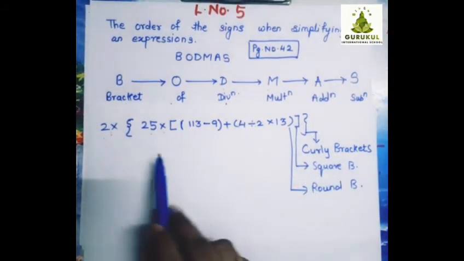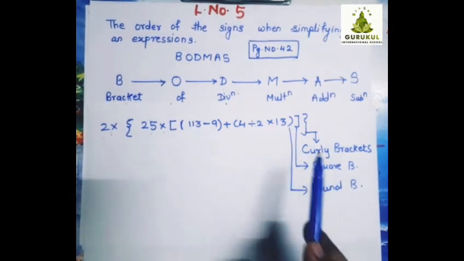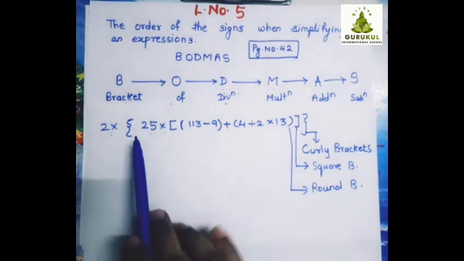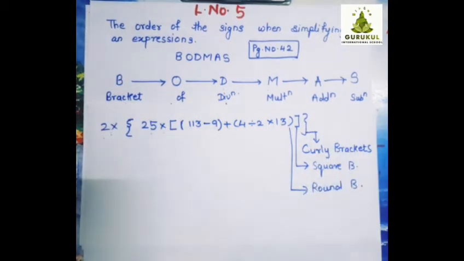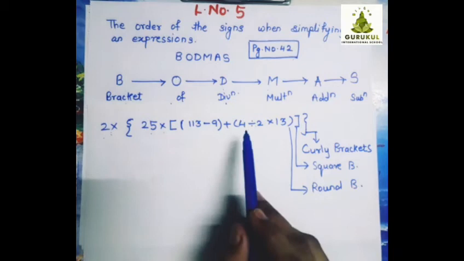Now, when more than one or two brackets are given, what is to be done? Always the rule will be same, Bode's rule, correct? You have to solve the bracket first. Now, you may say, teacher, so many brackets are given, then what to do? Of course, you have to start from the innermost bracket first.